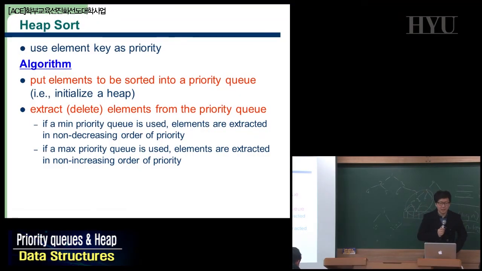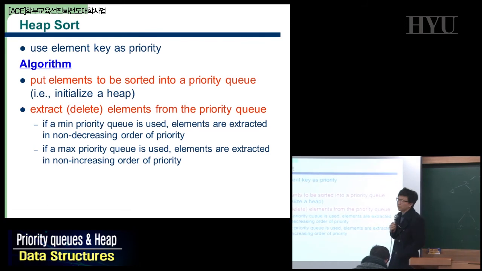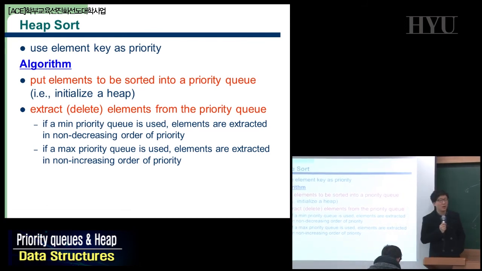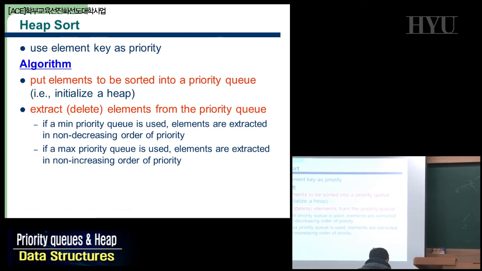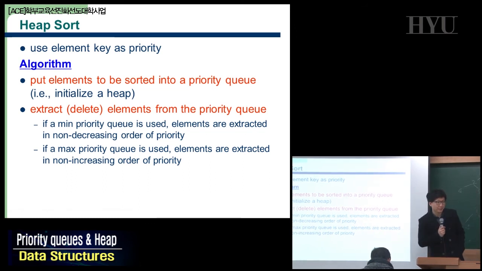Heap sort. Use an element key as a priority. Algorithm: put elements to be sorted into a priority queue. Initialize the heap. That's what it means. You have many numbers ready, you put that into a heap, make it into a heap, and then the next step is extract or delete the element from the top of the heap.